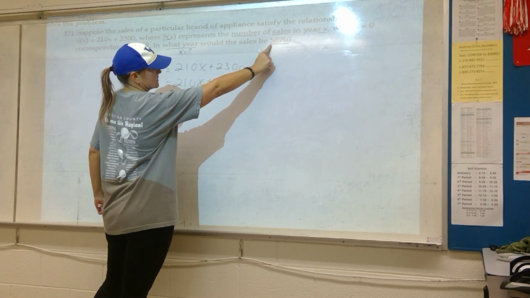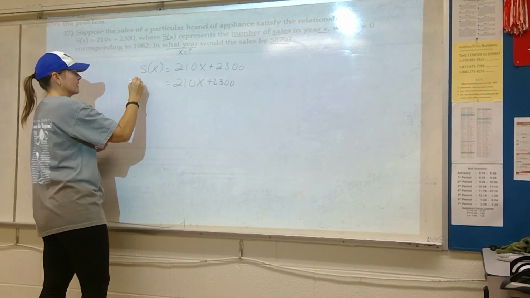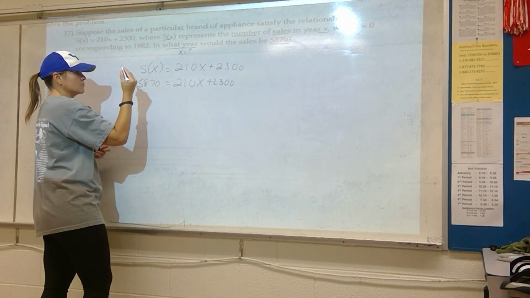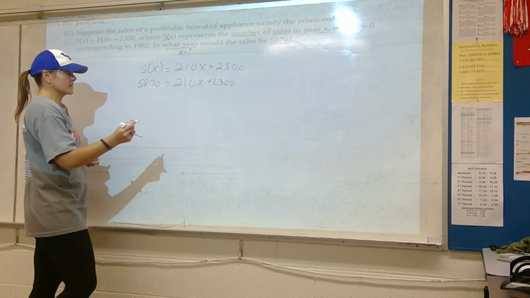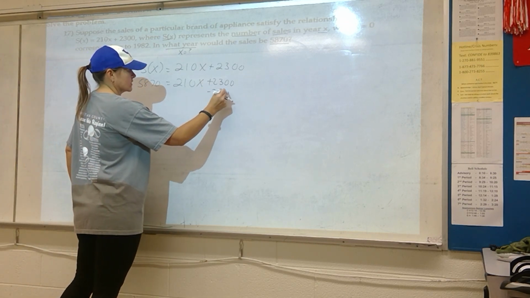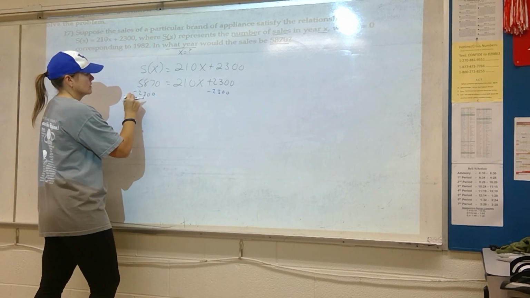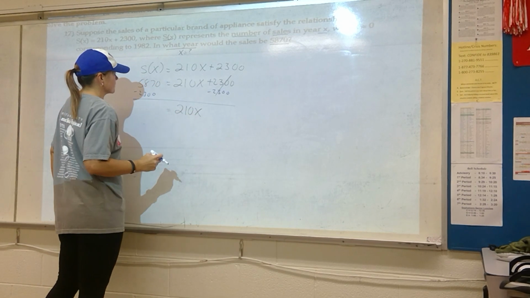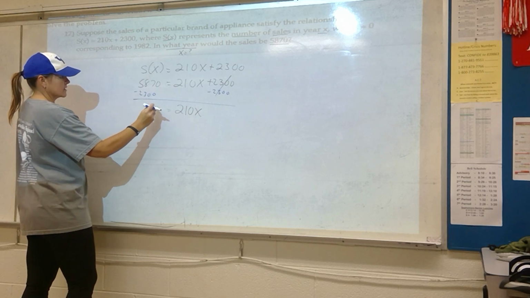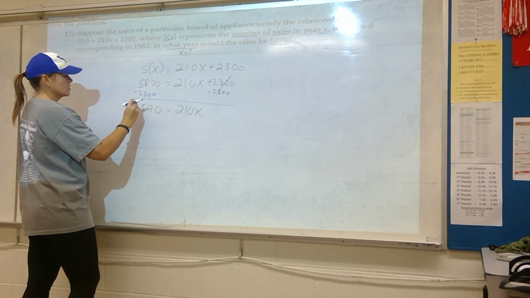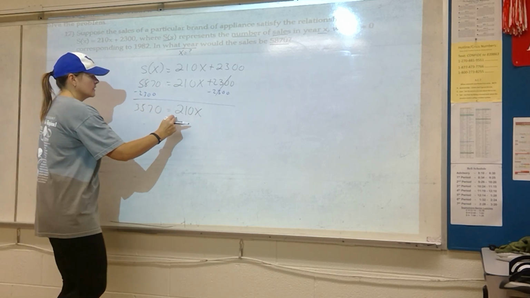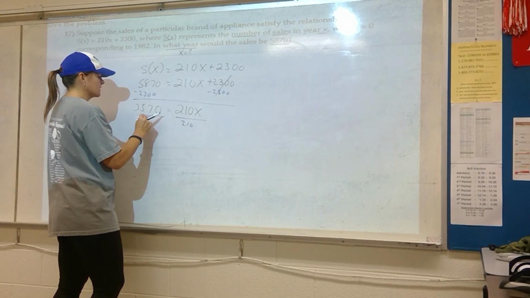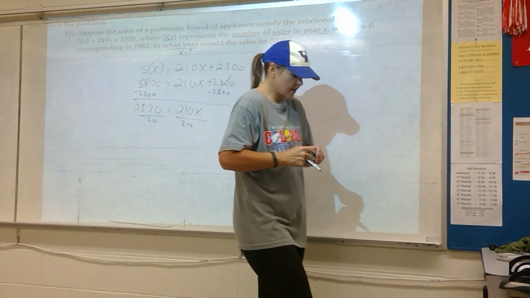We know that the sales, though, is 5870, so sales goes over here. Now we just have a two-step algebra 1 equation where we're going to solve for x. So you're going to minus 2300, minus 2300. We have 210x, those cancel. 5870 minus 2300. You get 3570. Then you're going to divide by 210, divide by 210. Let your calculator do the work.